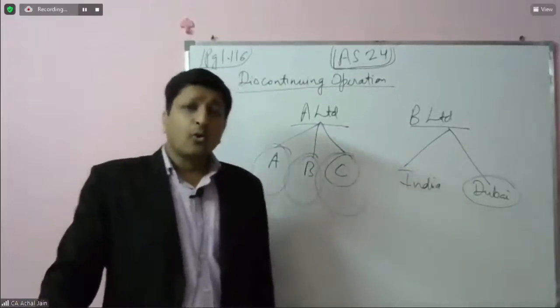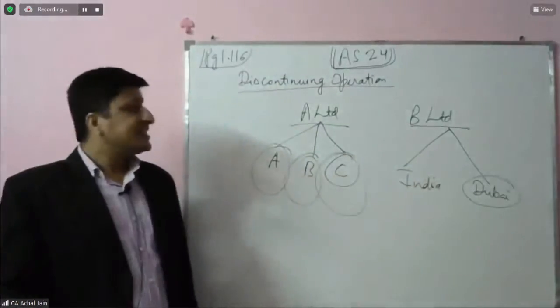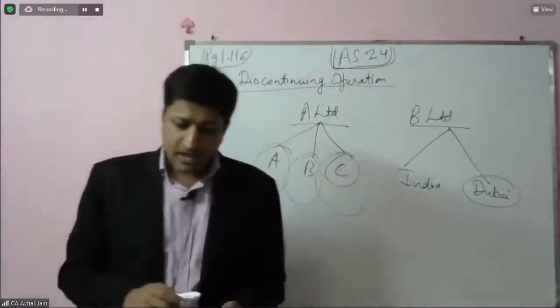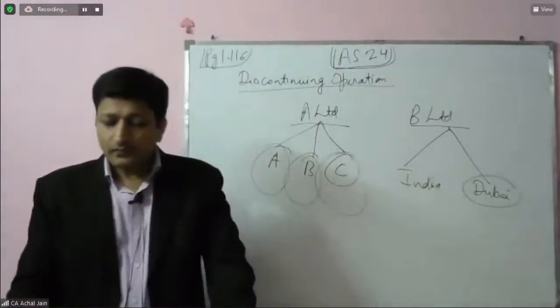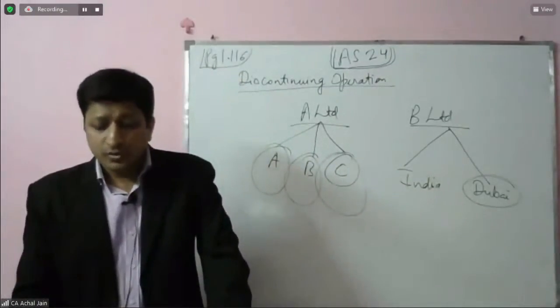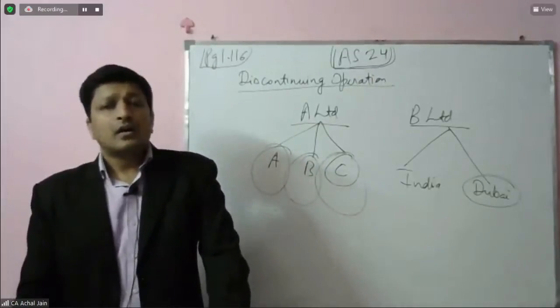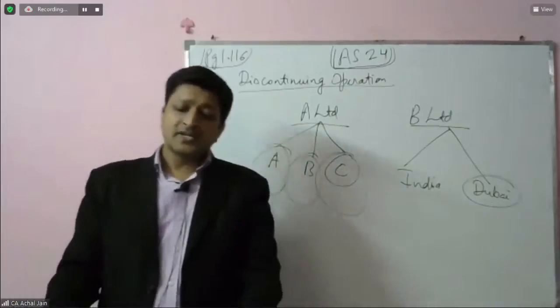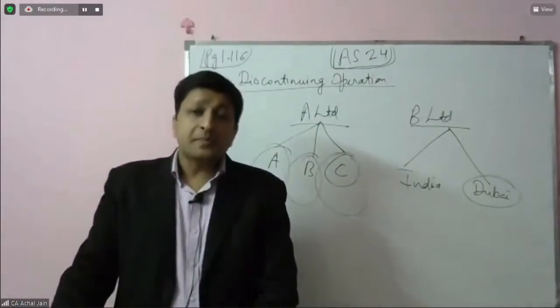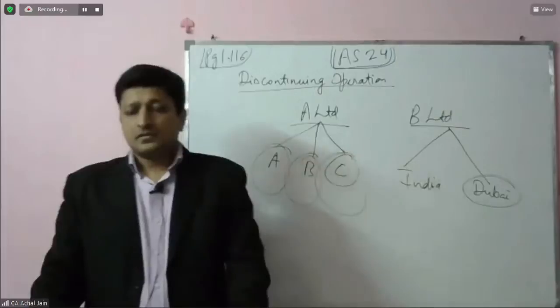Correct? Only and only when these three criteria are met. I am repeating. First, the entity plans to dispose of the operation. Second, the operation is a separate major line of business.